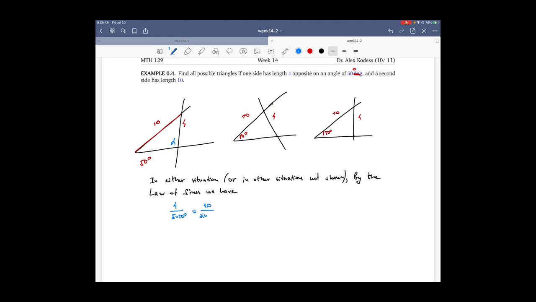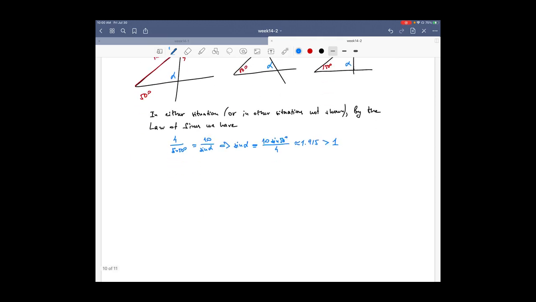Let's call it alpha. Therefore, sine alpha equals 10 sine 50 over 4. And that is roughly 1.915, which is greater than 1. Of course, no angle alpha can deliver that value for sine, so the answer is immediately that there are no such triangles.